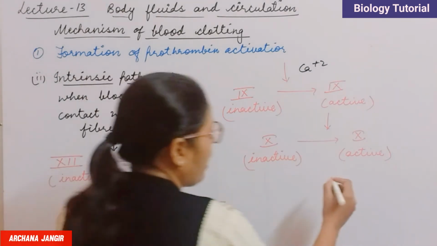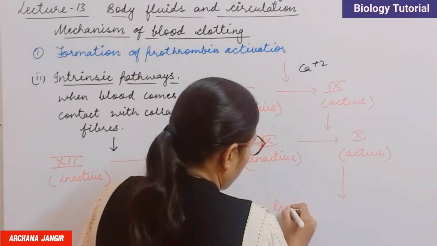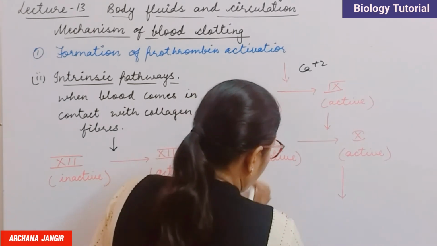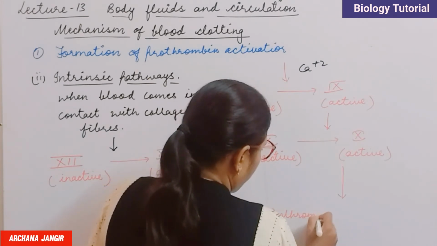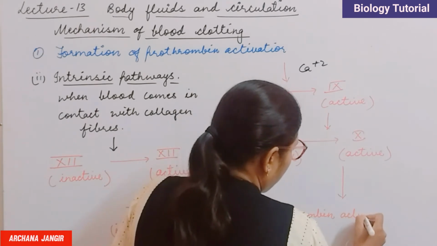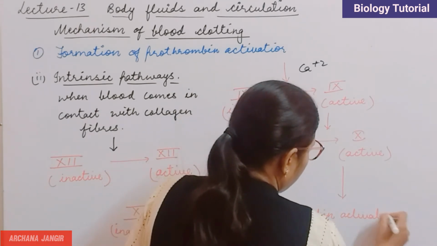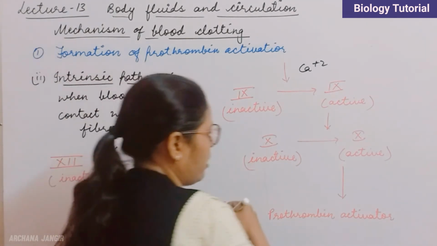Clear? What will happen here? This is getting converted into prothrombin activator, which we have to form. This is prothrombin activator and this is formed in the presence of factor 5.